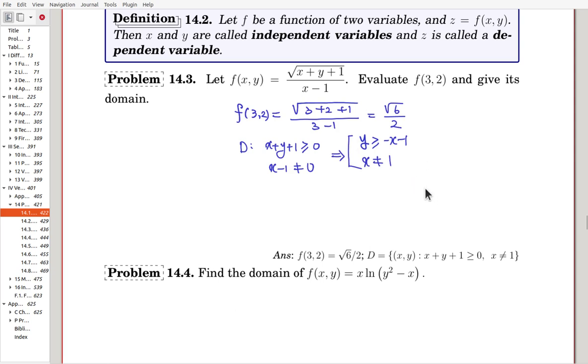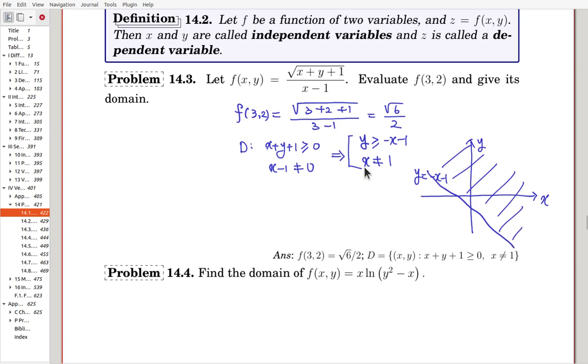We can visualize the domain in xy coordinates. This is the y direction, this is the x direction. Now, y equals minus x minus 1 is this line, right? Y larger than or equal to this means the region above it.